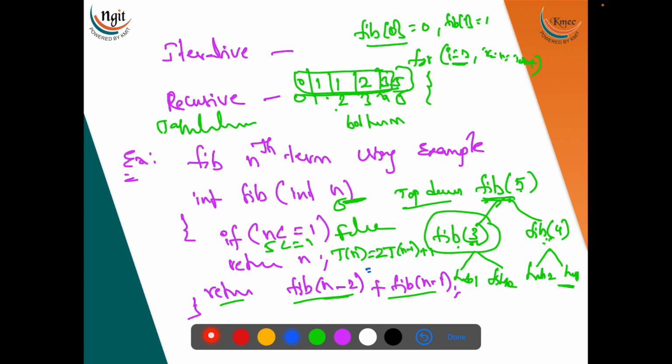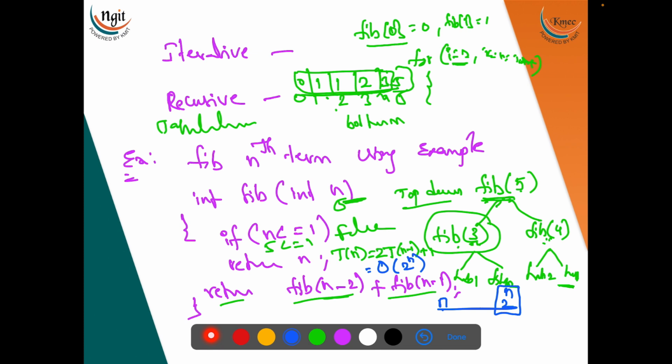Now if you solve this recurrence relation, you will get big O of 2 power n, an exponential value. That means it is the upper bound value, and the maximum time complexity. It takes maximum time to get the solution.